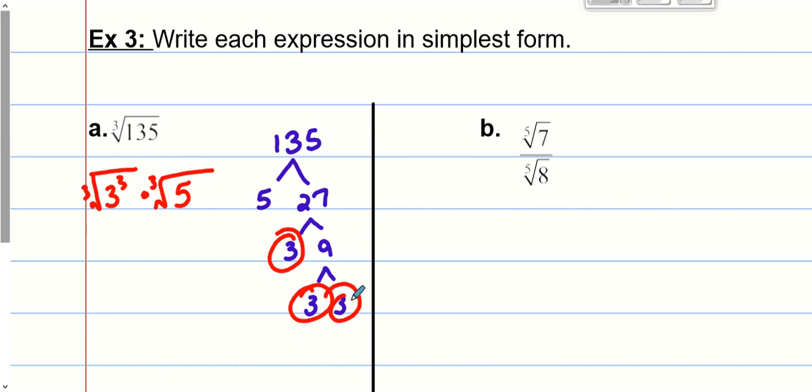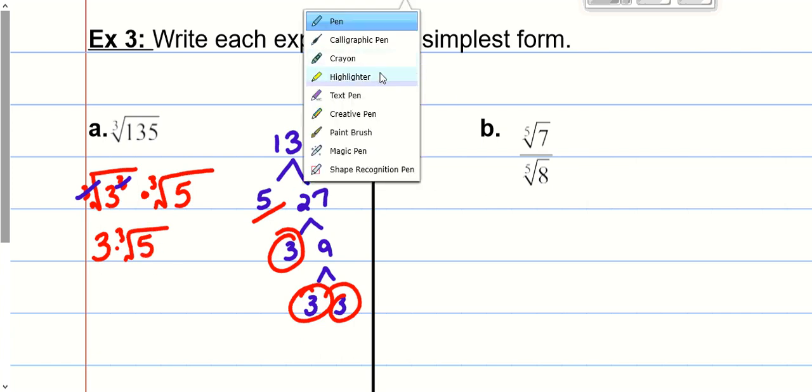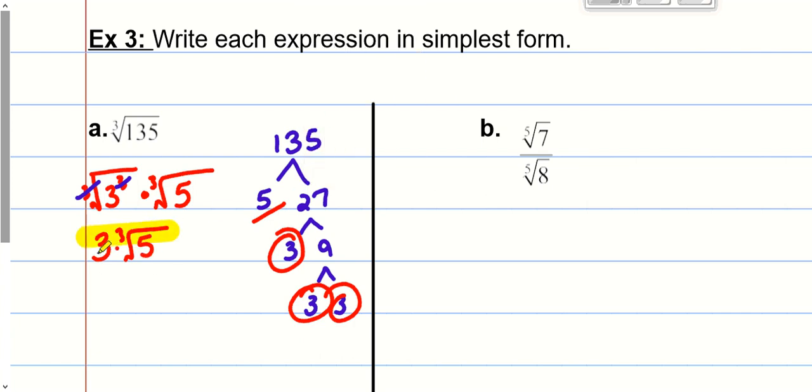So 3 cubed, 1, 2, 3 of those, and then 5, that's where I get the numbers underneath here. So right here, the cube root of 3 cubed leaves me with 3 times the cube root of 5. And that is totally simplified.